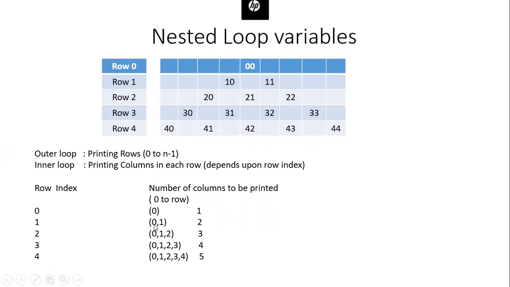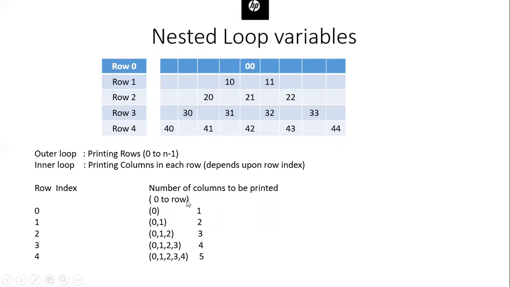The row index is 1. So 0 to 1. So how many times we are running this loop is 2 times. Because we need to print 2 elements in row 1. If you consider row 2, here we need to run from 0 to row, that is 0, 1 and 2, totally 3 times. Because in row 2, we need to print 3 elements.